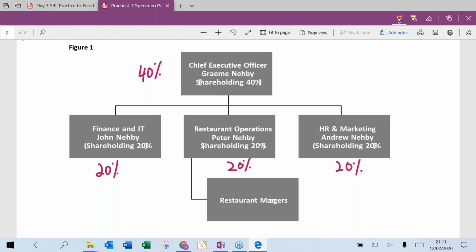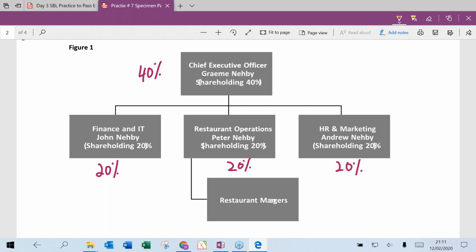Under organizational structure, we will say that currently the board comprises 4 directors, and the CEO is Graham Nebby, who's the founder member, and the rest of the directors are his 3 sons, and there are no non-executive directors, as this is a family owned business. That's it. Okay, that's done with organizational structure.